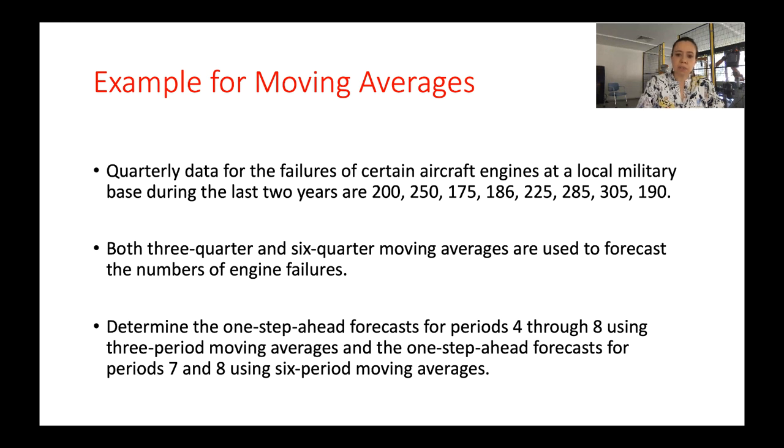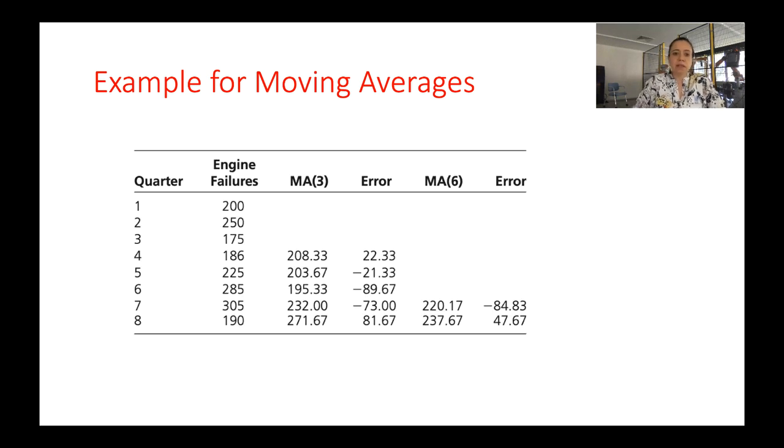Let's solve this example. Here in this table, you see the data for these 8 quarters. For periods 4 through 8, we will calculate the forecast using moving averages order 3. What we do is that, for example, for period 4, we take the most recent 3 observations, the data belonging to quarters 1, 2, and 3, and we take the average of this data and use it as our forecast.